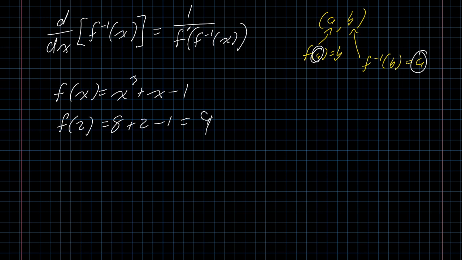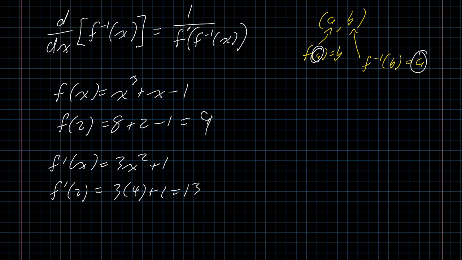All told, that's 9. And I've written down the derivative here earlier, 3x squared plus 1. If I evaluate that at 2, it's going to give me 3 times 4 plus 1, which is 13.